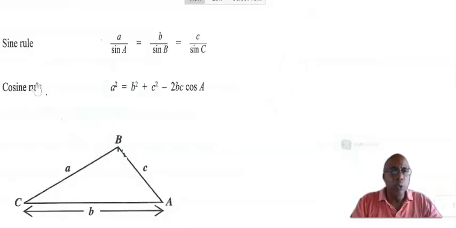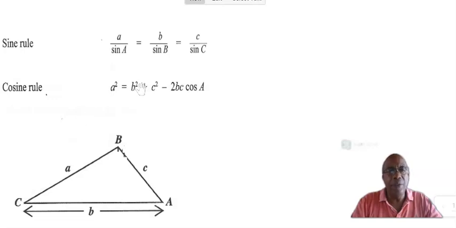Now this is how the rules are given to you in the examination. You are given the triangle with the angles capital A, capital B, and capital C, and the sides named according to the angle opposite, the small letter of the angle opposite.